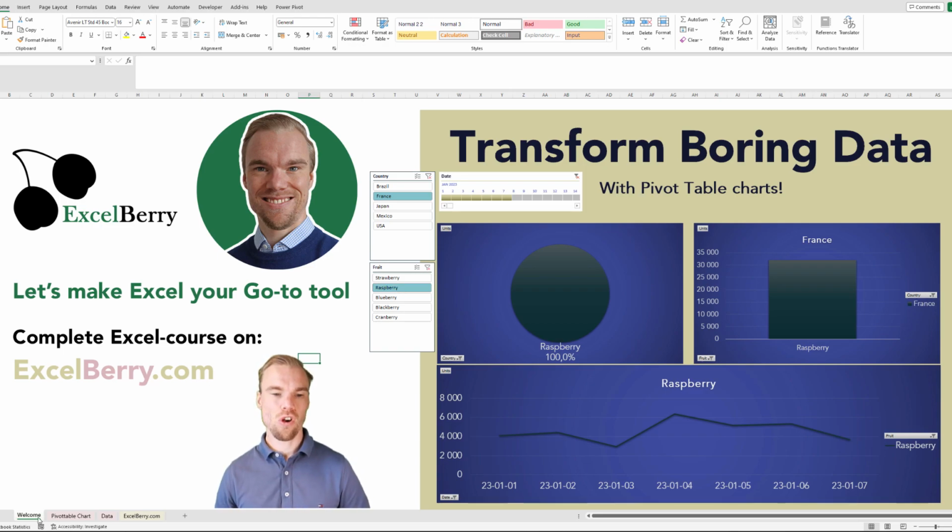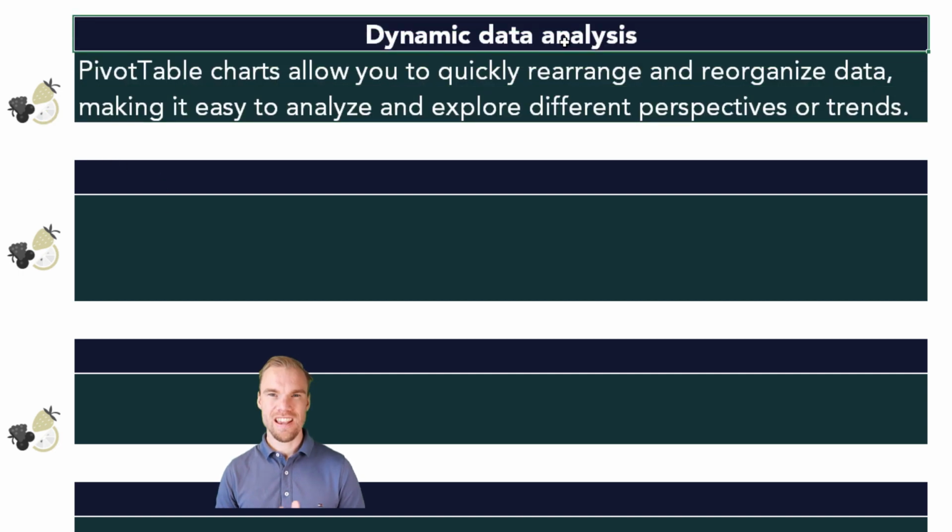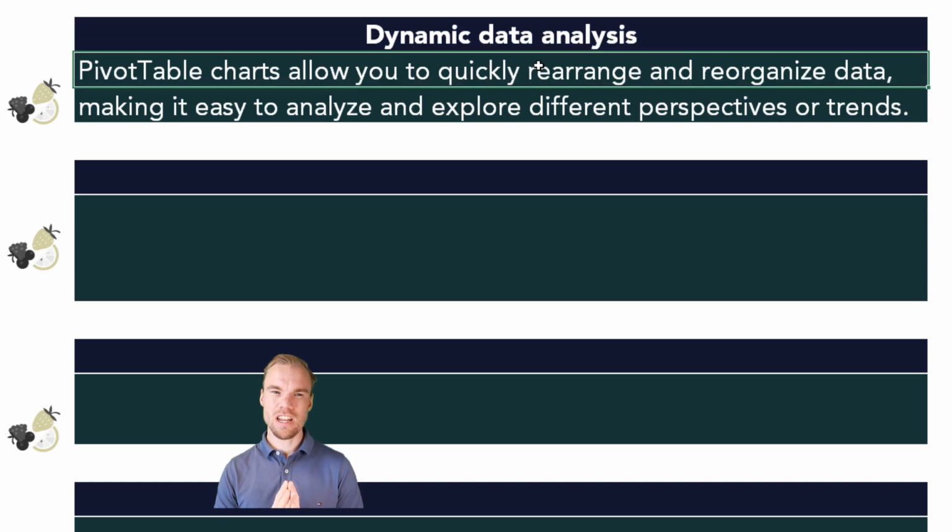But first of all, just some information about a PivotTable chart. It's great for dynamic data analysis because PivotTable charts allow you to quickly rearrange or reorganize your data, which makes it easy to analyze and explore different perspectives and trends.